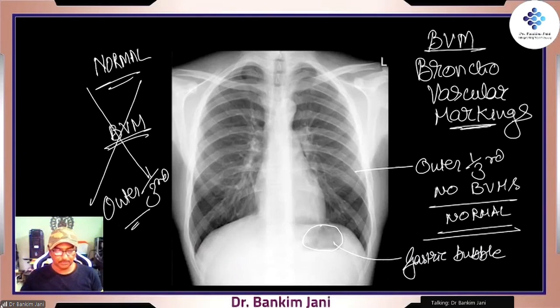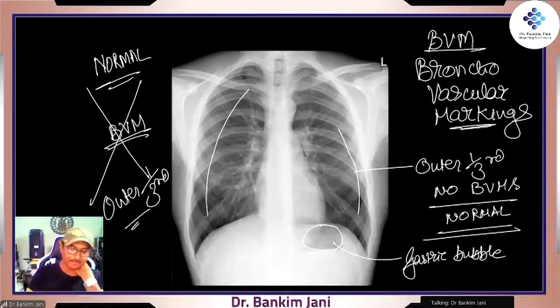Here is the normal chest X-ray. BVM stands for bronchovascular markings. Usually the outer one-third has no bronchovascular markings. Here it is seen very beautifully. All the bronchovascular markings are up to this point. Beyond this, you are not finding any bronchovascular markings.